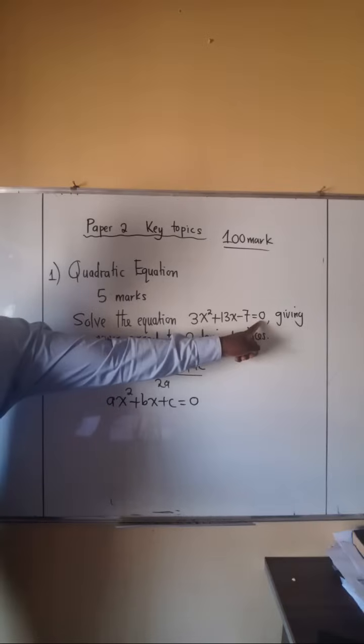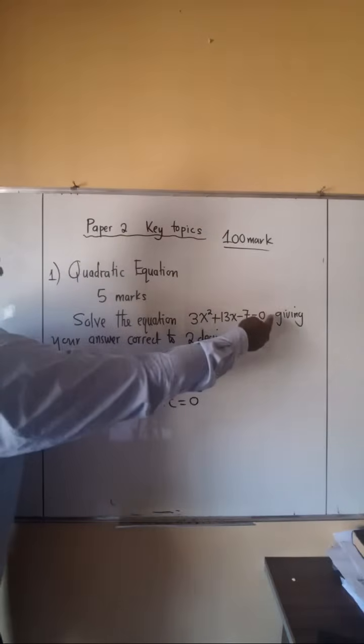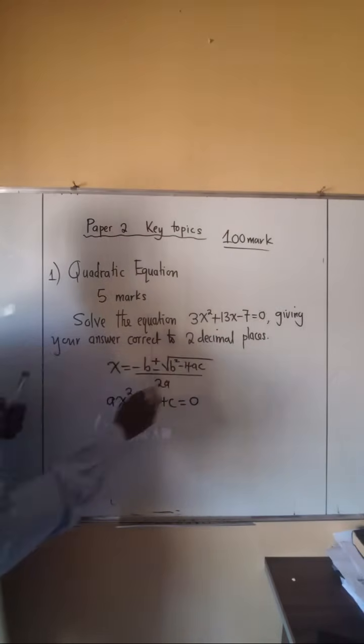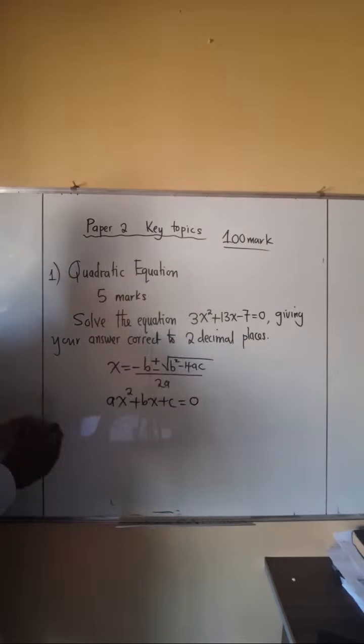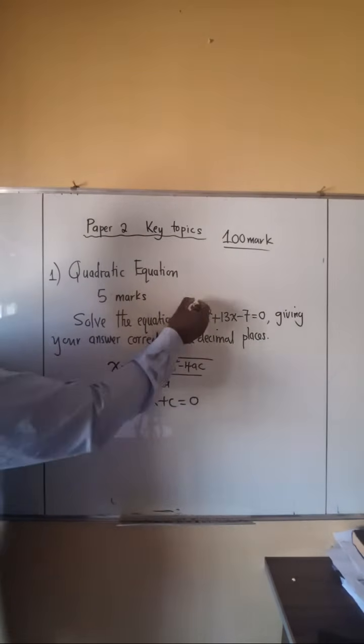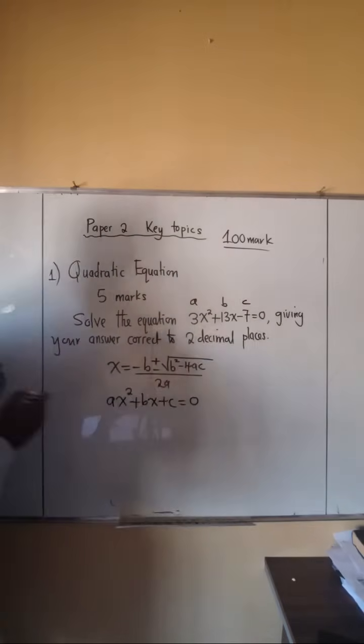We have a 0 on one side of the equation. If there is a 0, we go directly to solving. If this 7 was on this side, we would use the laws of mathematics to bring it to this side. But the way it is, it's in standard form. We shall just say this is our a, this is our b, and our c.